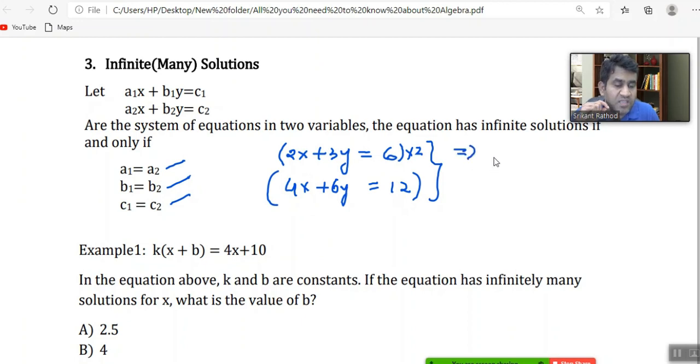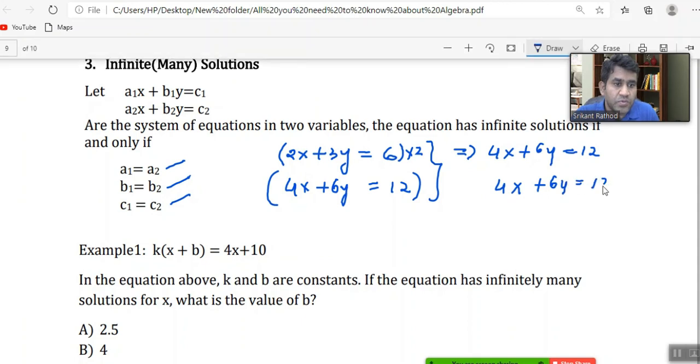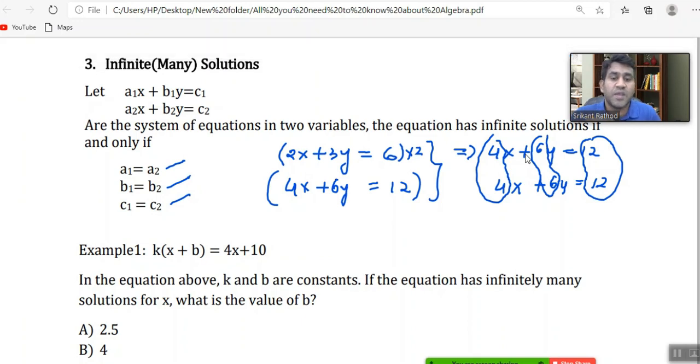After multiplying, this becomes 4x plus 6y is equal to 12, and this equation as it is, 4x plus 6y is equal to 12. Look at the coefficient of x here is the same, the coefficient of y here is the same, and the constant terms are also the same. So these are called a system of equations with many solutions or infinite solutions.